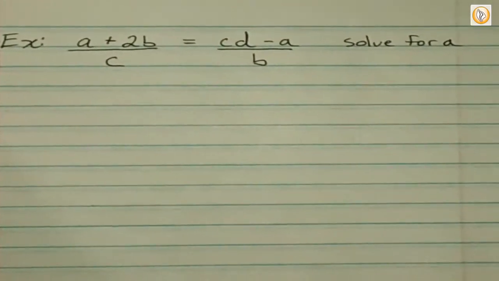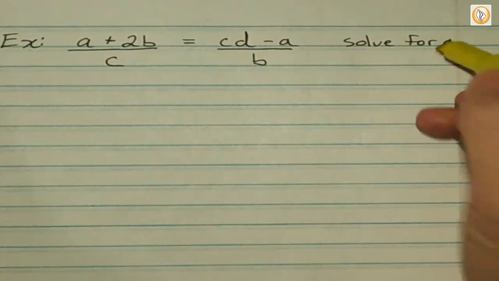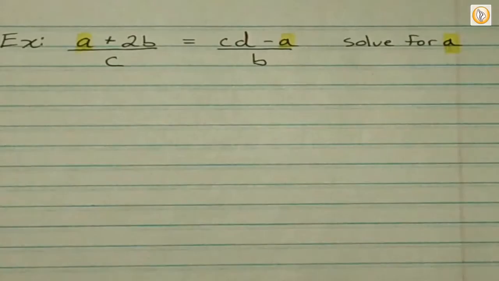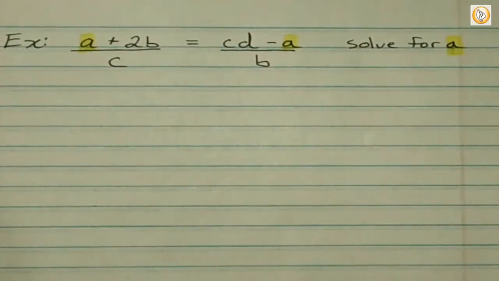Here we go. We are solving for a. We got a lot of stuff going on here. Make sure you have this written down. Put your pencils down when you have it written down.